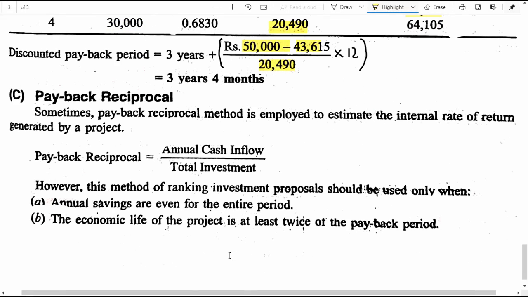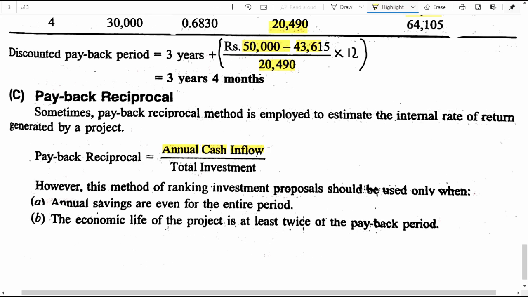Now the third improvement to the traditional payback period method is payback reciprocal. Sometimes the payback reciprocal method is employed to estimate the internal rate of return generated by the project. Perhaps this particular calculation is used in computing IRR, internal rate of return, to determine the factor to be located in the present value tables.